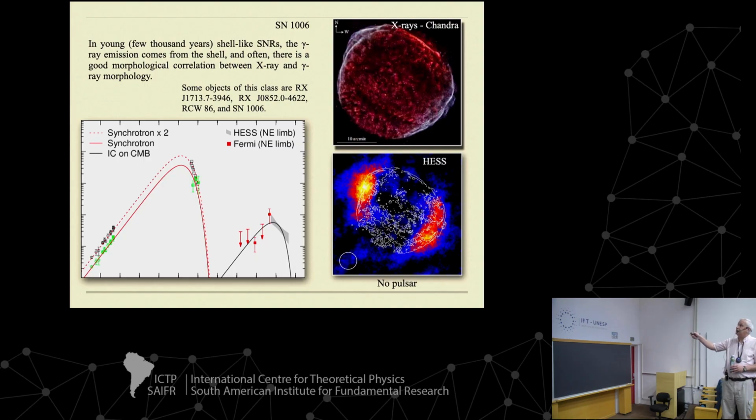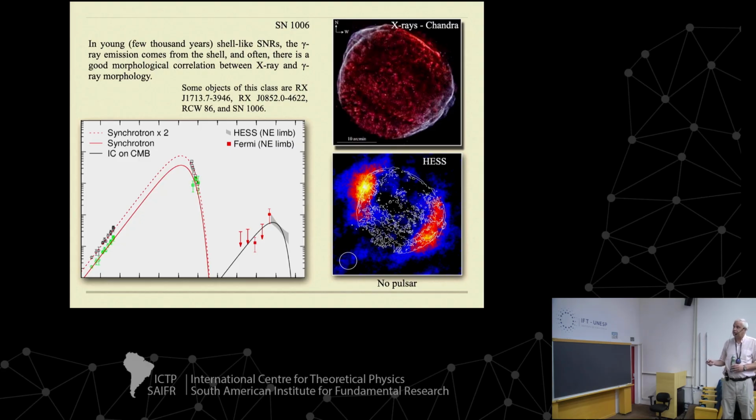So in this part of the remnant, acceleration seems to be particularly efficient, at least for electrons. And we have associated gamma ray sources that are the result of upscattering of CMB photons by this very same population of electrons that are producing the synchrotron radiation observed by Chandra.